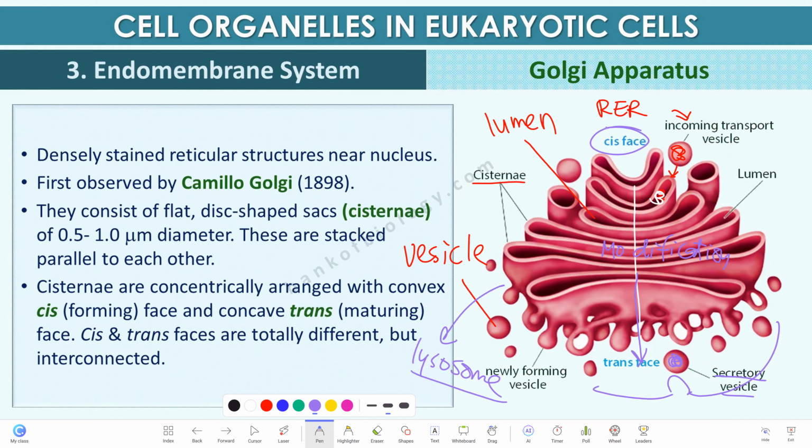Folded. And it's sent from there. It fuses with this. And inside the Golgi, what happens to protein? Modification happens and it's packed into secretory vesicle on which phase? Trans phase and released outside. What's another function of this? Lysosome. Can you say everything? Say the structure of Golgi.